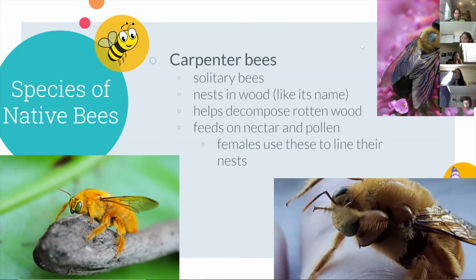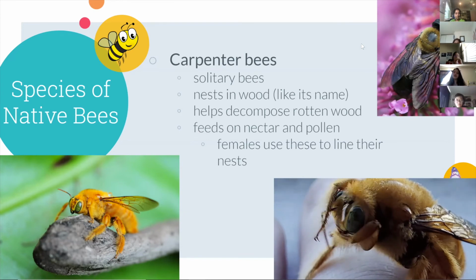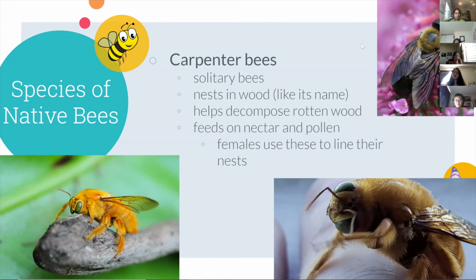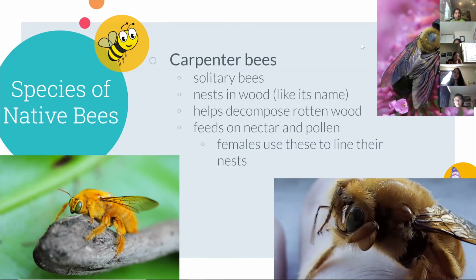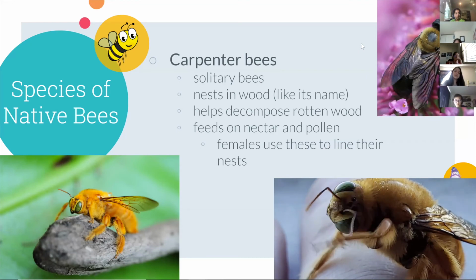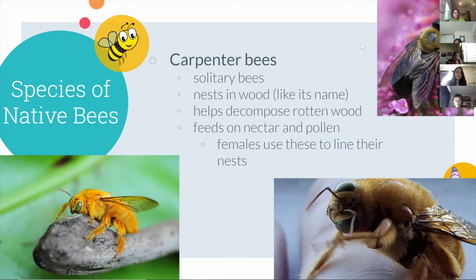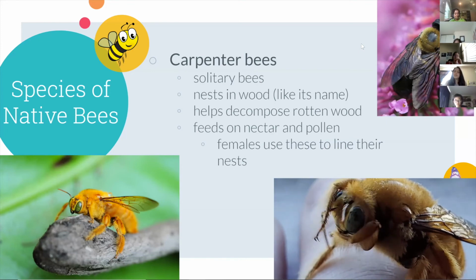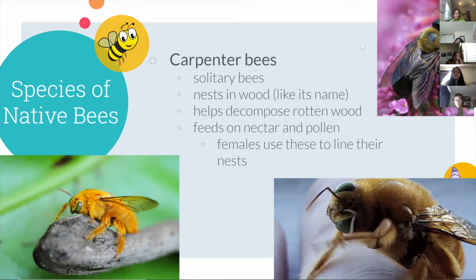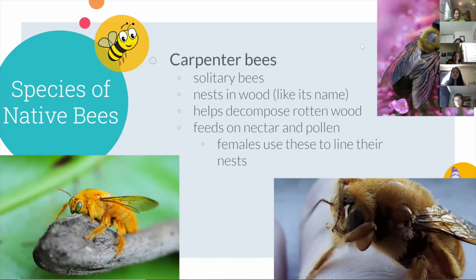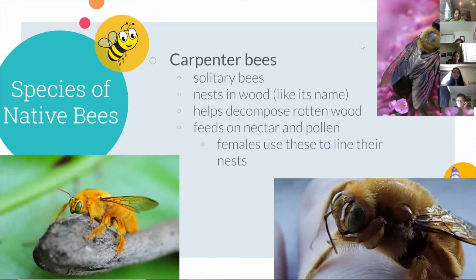What they like to do is burrow themselves into unfurnished wood, which is why if you're building a house, or if you have some kind of furniture from unfurnished wood, you might notice these bees have burrowed themselves into that wood, and that's kind of their habitat. So these bees help to decompose rotten wood, and they feed on nectar and pollen, which the females will also use to line their nests. Next slide, please.